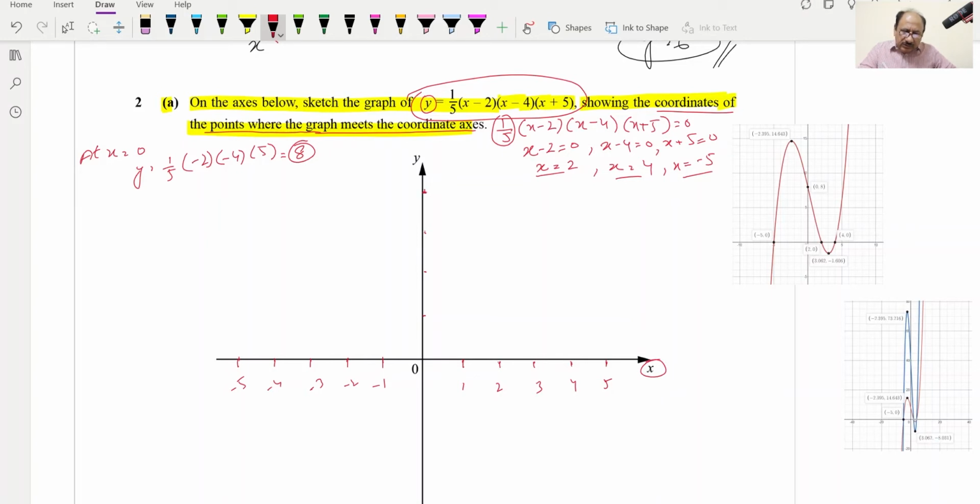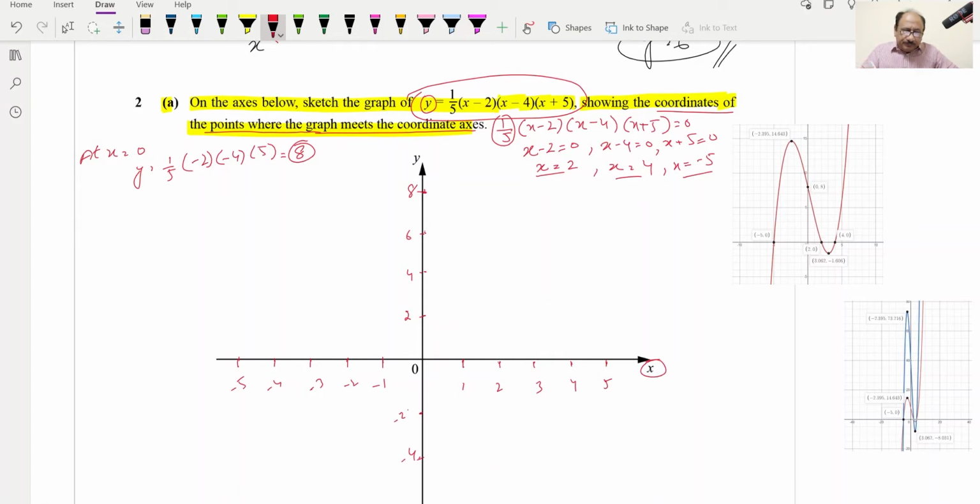Roughly we are sketching, so we can write here also 2, 4, 6 and 8. Similarly, the lower side also we can indicate if required, minus 2 and minus 4. I have indicated only these. If we require, we'll draw more.